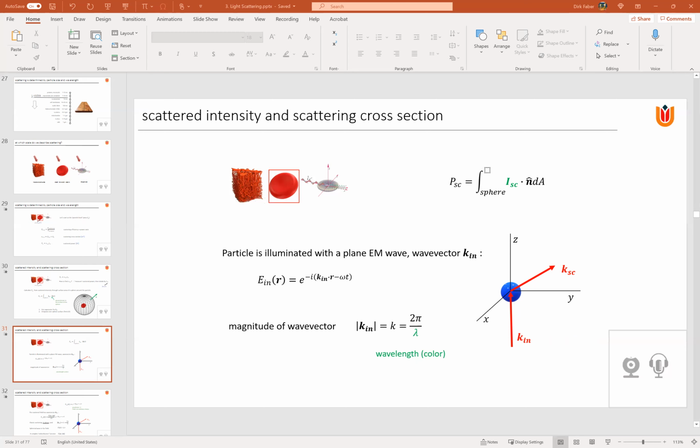We have a particle here, confusingly in blue instead of in red there, at the center of a coordinate system. Let's have the light coming in from the direction of -z, aiming at the particle, and it is scattered away in some direction that is given by the vector k scattered.